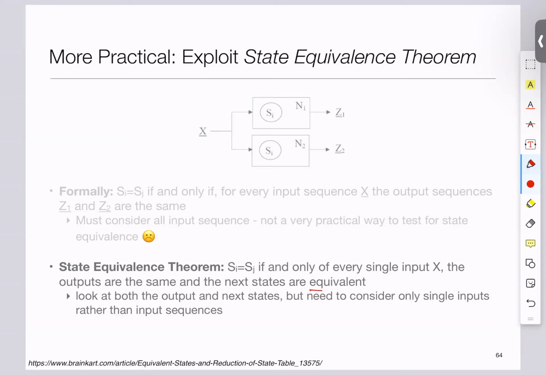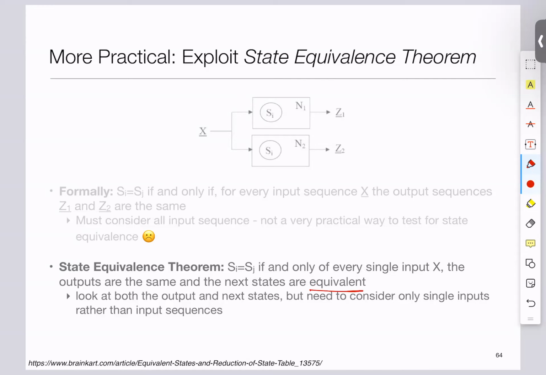Intuitively it makes sense. If I have two states, and when the input is A they give the same output and go to two states which are equivalent, and I'll have to prove that, then these two states are equivalent.